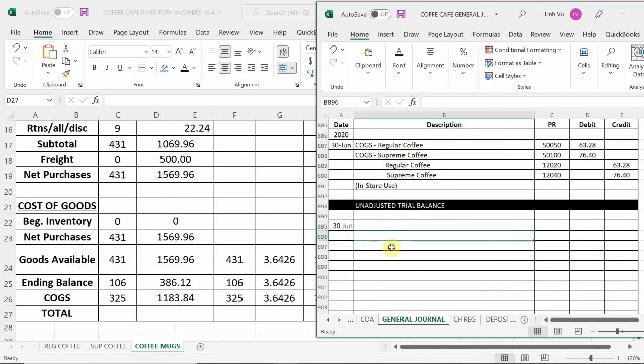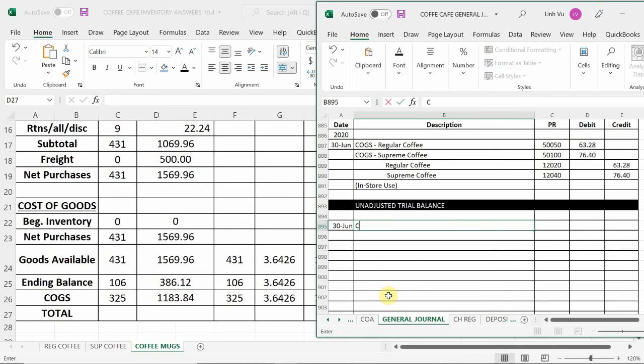So how do I journalize my conversion entry? What's the first thing I have to recognize? Coffee mugs. Yes, the ceramic coffee mugs. I have to recognize my inventory first because that's my ending balance.